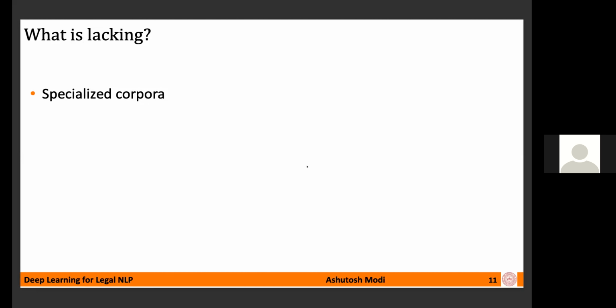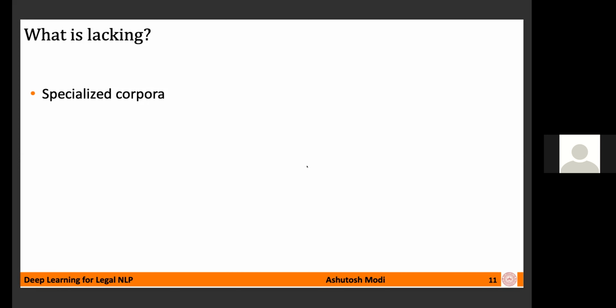Firstly, there is a dearth of legal corpora. As many of you are aware, recent developments in many communities, for example the computer vision community, owe their success to the development of specialized corpora, for example ImageNet. For any ML area to make progress, there should be data, right? You train the models on data. It's all data driven, basically.